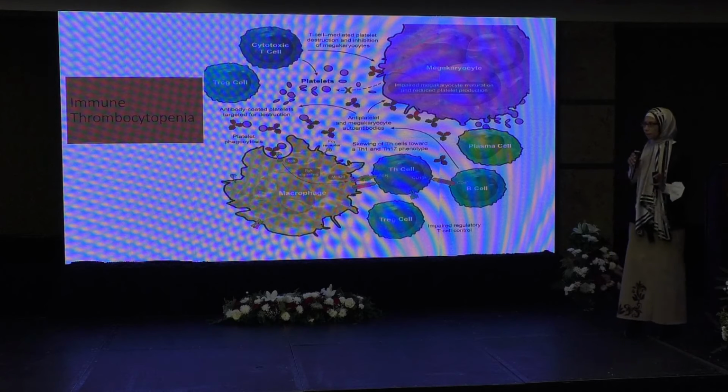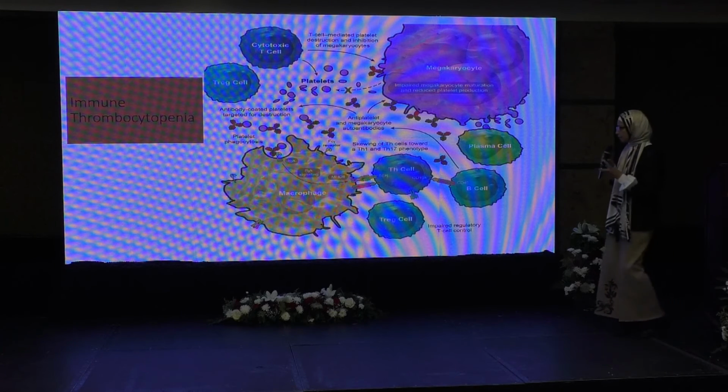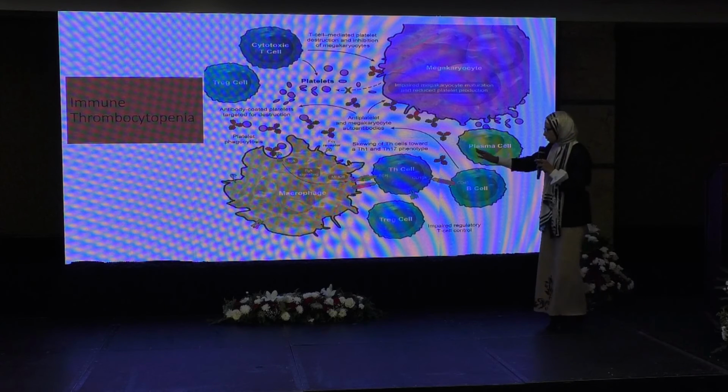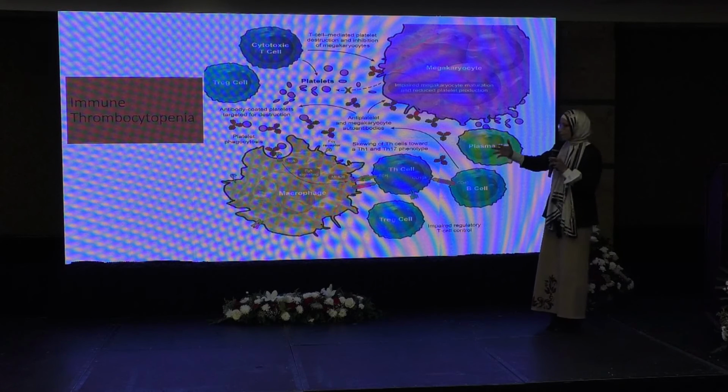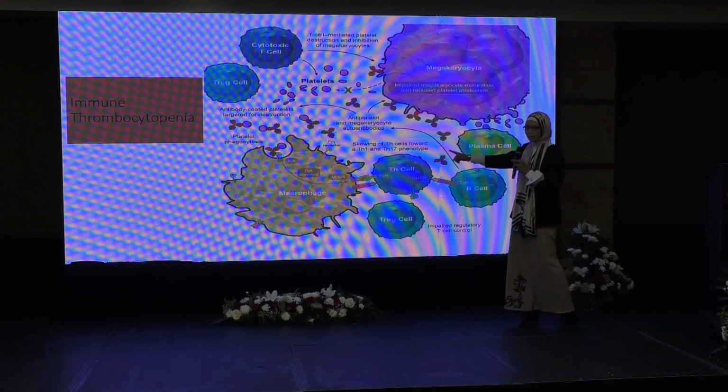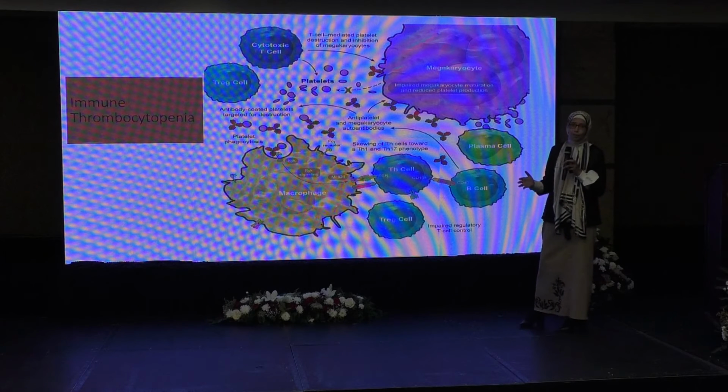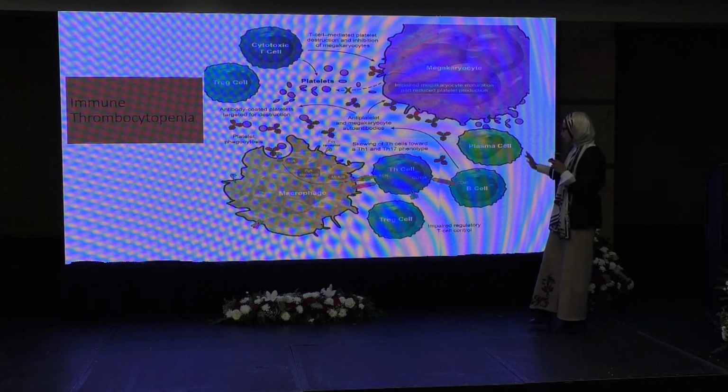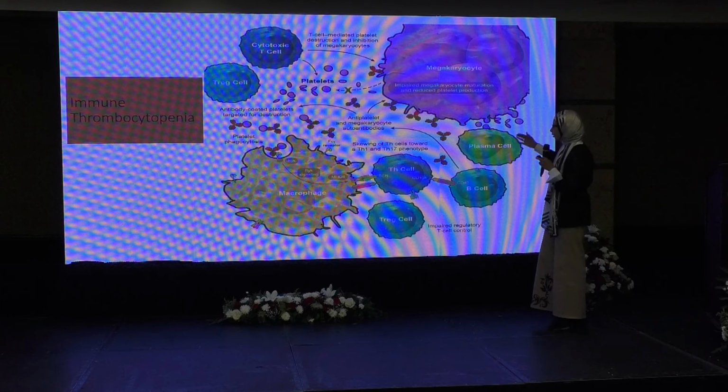ITP, as we all know, is an immune disorder, starting from abnormal presentation by the platelet itself, or by the antigen-presenting cell or macrophage, to the T helper cell, with marked skewing toward T helper 1 and predominance of T helper 1 and T helper 17, as all of us are familiar with, very famous over the last few years for their incrimination in autoimmune disorders, ending up with stimulation of the B cell and production of antibody.